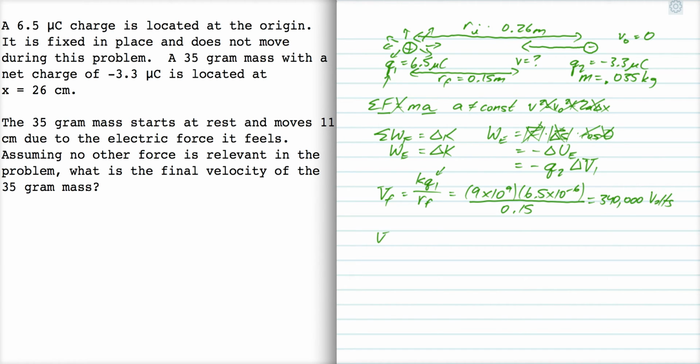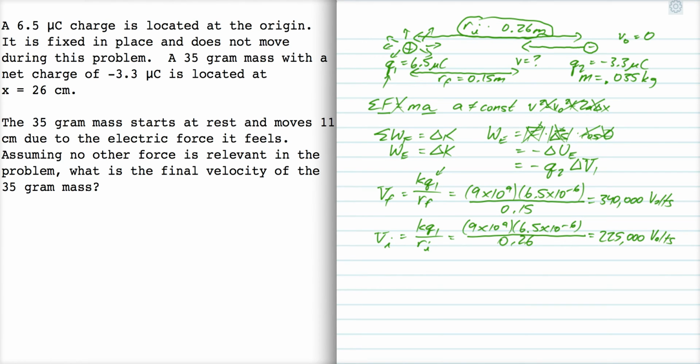And then the initial potential, KQ1 over R initial, is 9 times 10 to the 9 times 6.5 microcoulombs over our initial R up here, which is 0.26. So that's 225,000 volts.